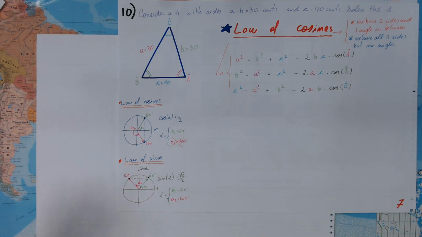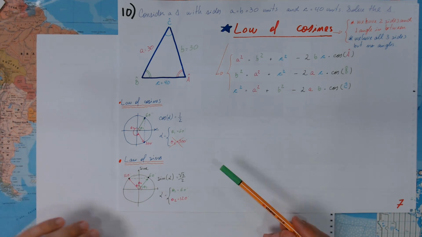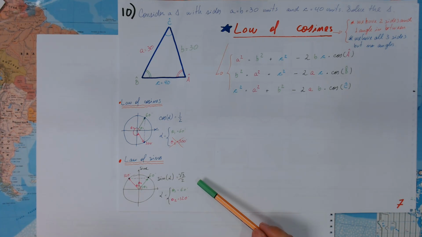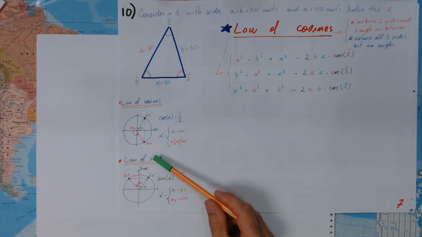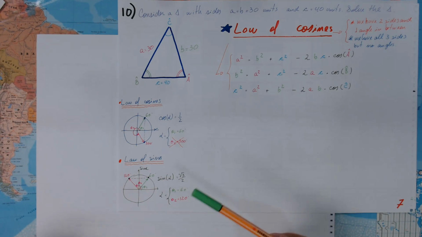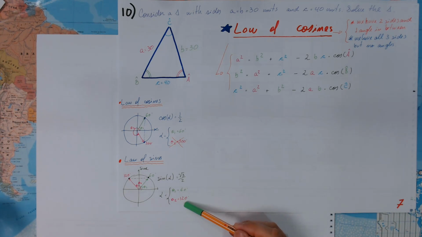Of course one of them is going to be true, we have to see, but you have to analyze. Maybe the alpha you are calculating is 120 degrees. It's not going to be this one, so just be careful about what you are stating. When you use the law of sines, if we have an obtuse angle, meaning an angle greater than 90 degrees, just be careful because you might have two different options.